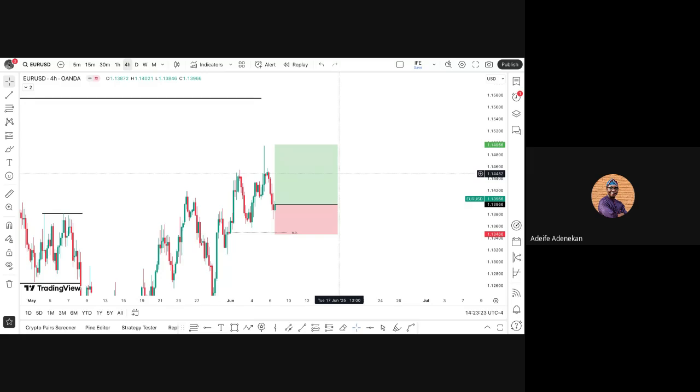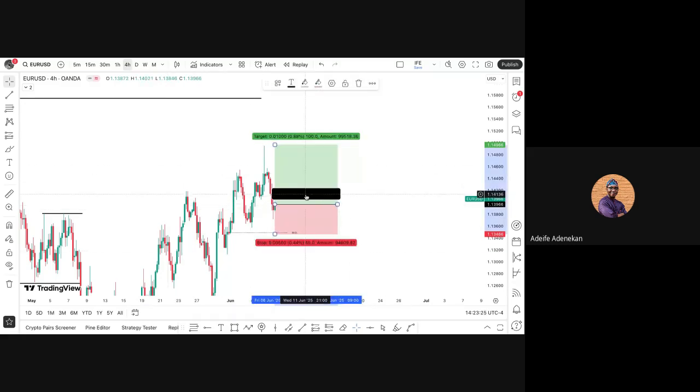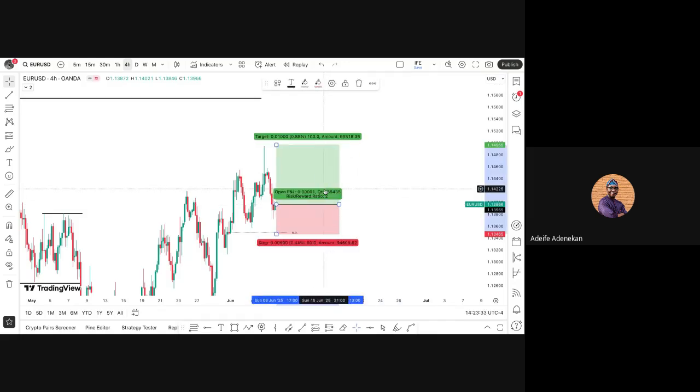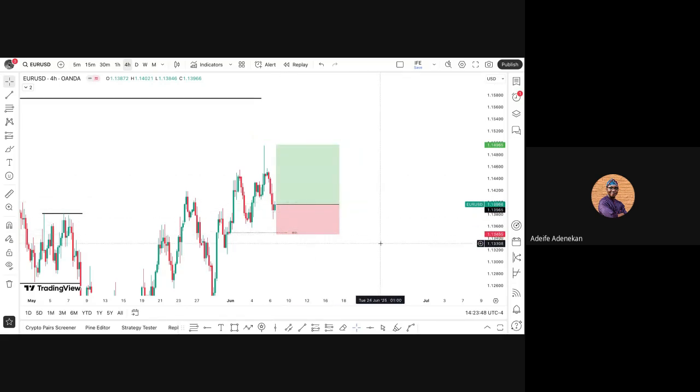For instance, if you look at this trade, I said I want to buy, and then I put my stop loss here. That means if price gets here, price was selling, and that means my analysis was wrong. I'm just using this as an example. That's the idea of having a stop loss.